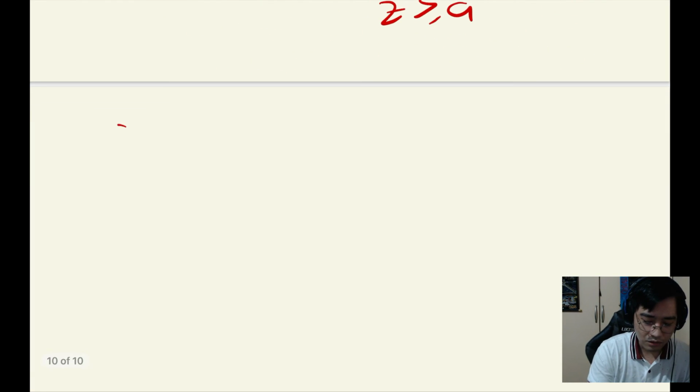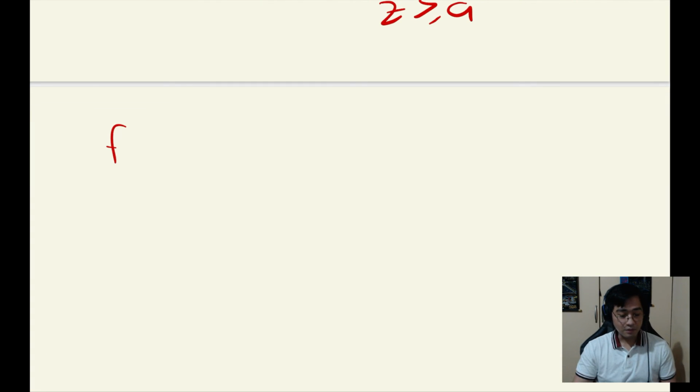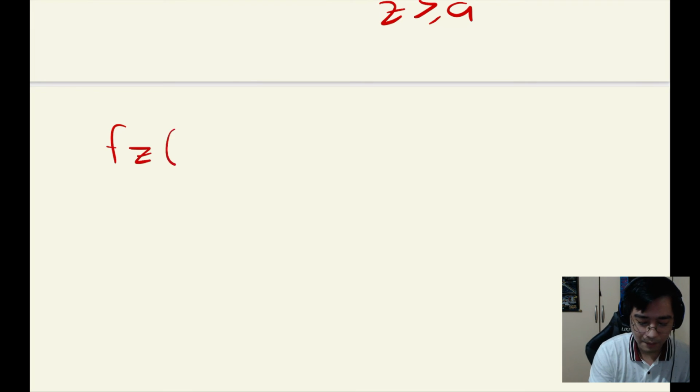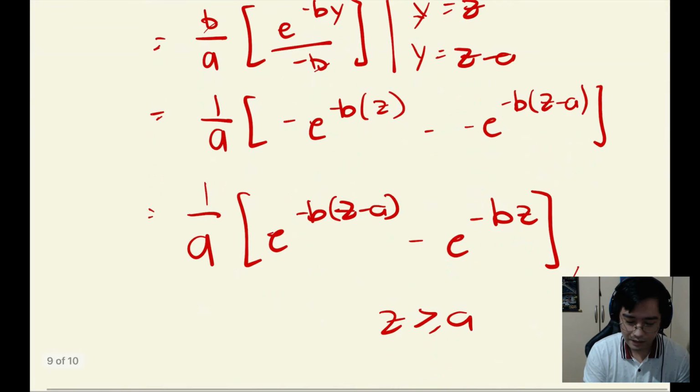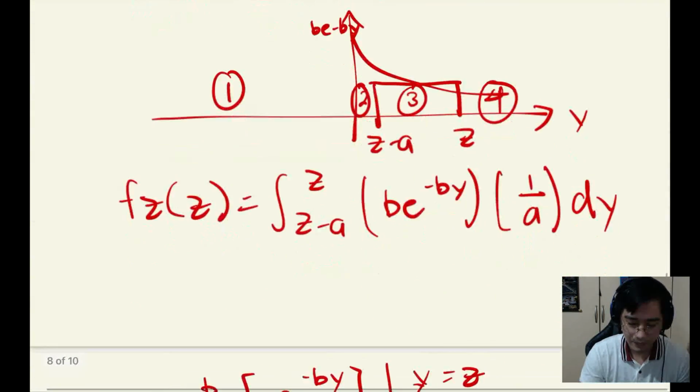So if we are to complete our probability distribution function, we will now obtain a piecewise function wherein we get this specific expression.